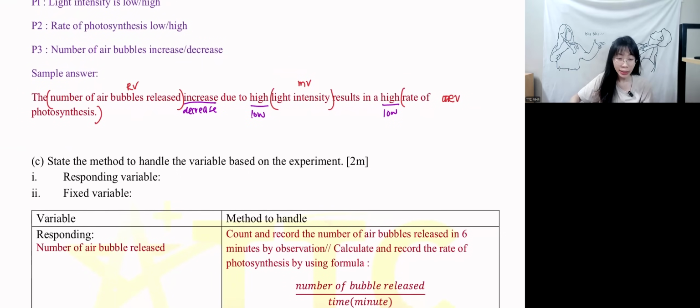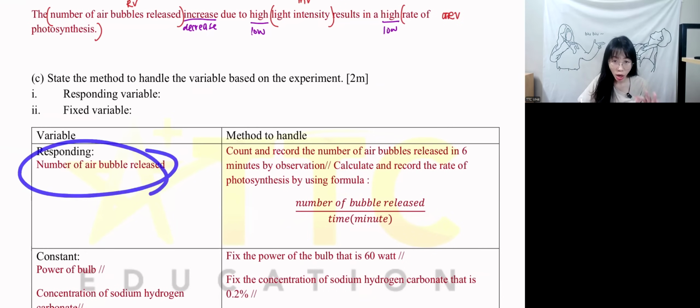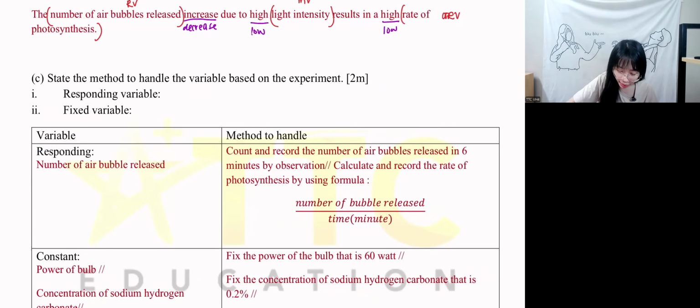If you want to write responding variable, such as number of bubble release, the keyword you have to write is count and record. Count and record the number of air bubble release in 6 minutes by what?